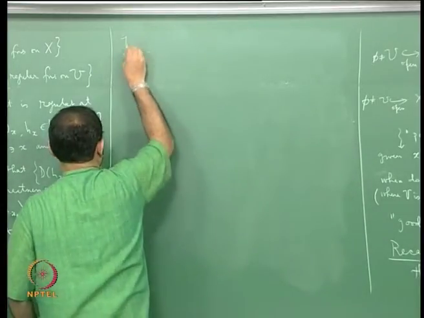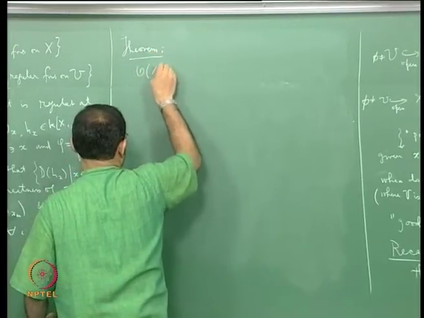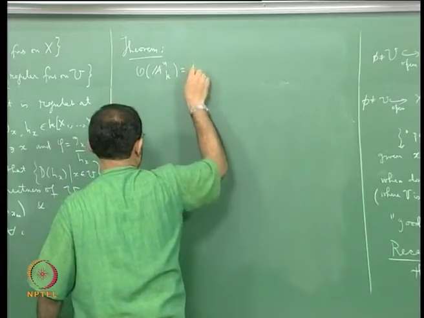So here is the theorem. O of A^n is isomorphic to A of A^n.